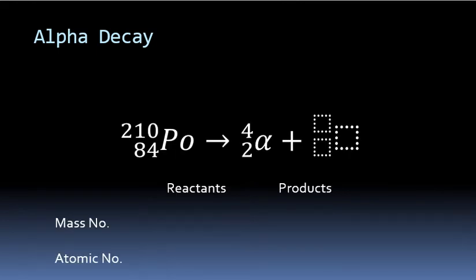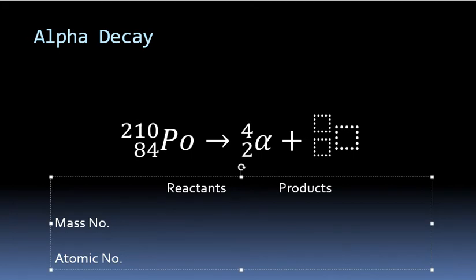Let's take an example of doing this with polonium 210 breaking apart into an alpha particle and some other element. Well, let's just look at the mass number. In this case, we only see one component on the left side, so it's pretty simple to sum up those mass numbers. That's just going to be 210 thanks to polonium, and the atomic number is going to be 84.